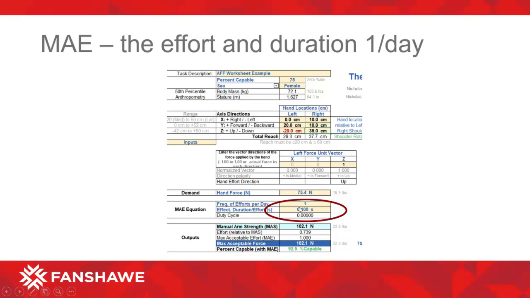And then you should see that your maximum arm strength, your manual arm strength was 102. It wasn't modified because it was only 1 a day at 0.1 of a second, and therefore your maximum acceptable is exactly that, the 102.